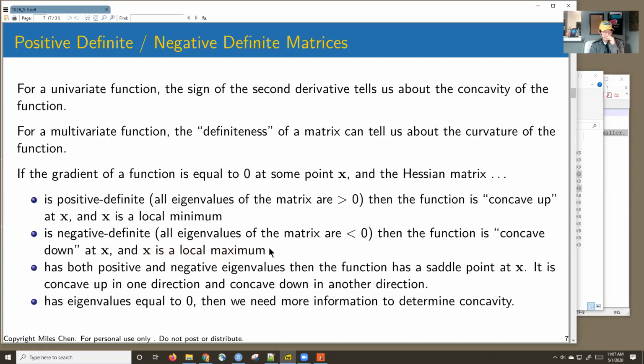If you have a mix of positive and negative eigenvalues, it is neither positive nor negative definite, and you have a saddle point at x. If it is positive or negative semi-definite, meaning some eigenvalues equal 0, you need more information to determine the concavity of the function.